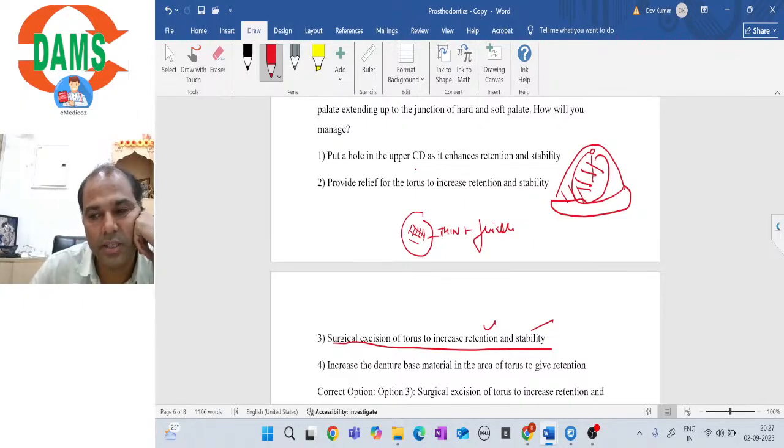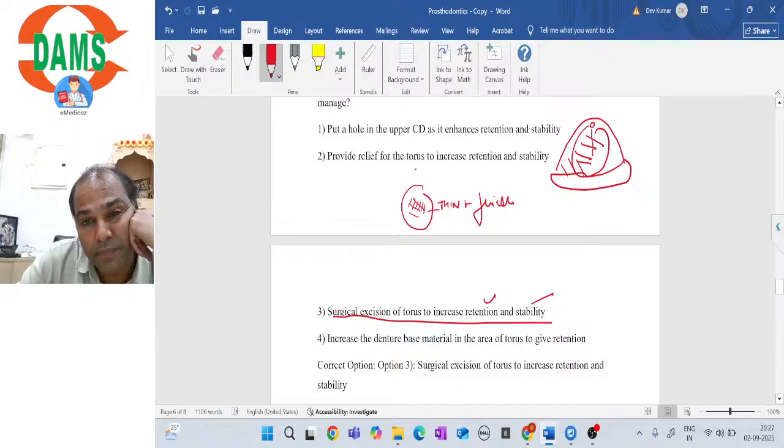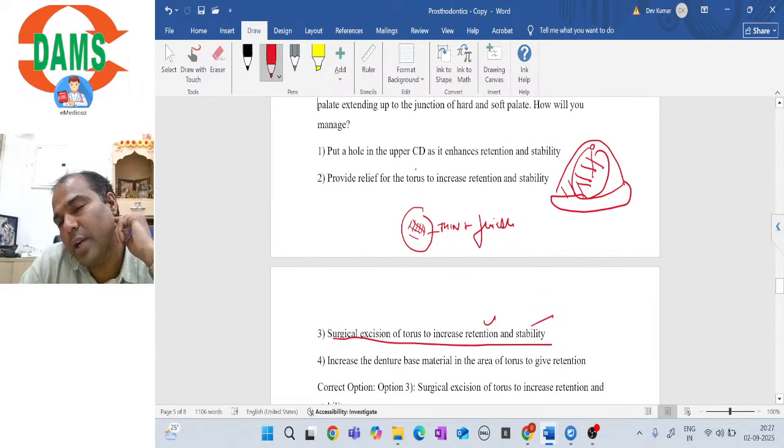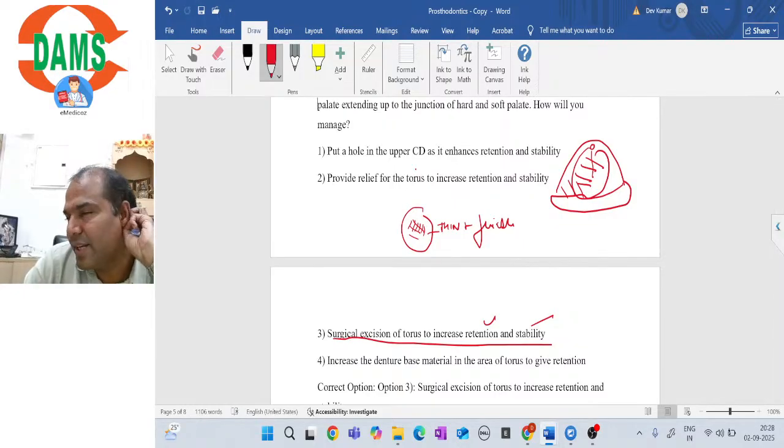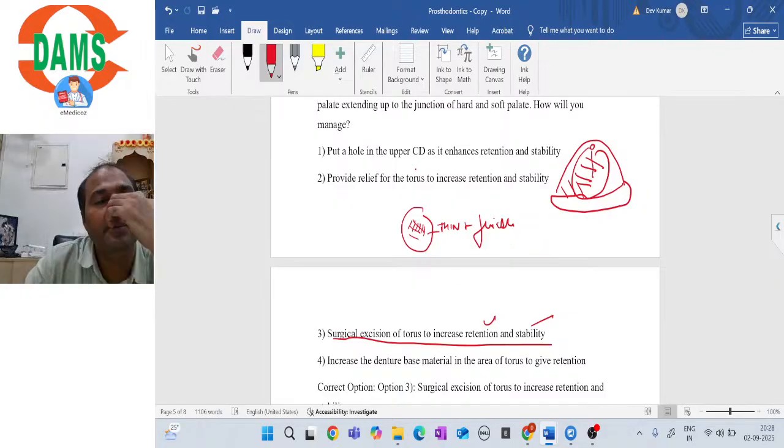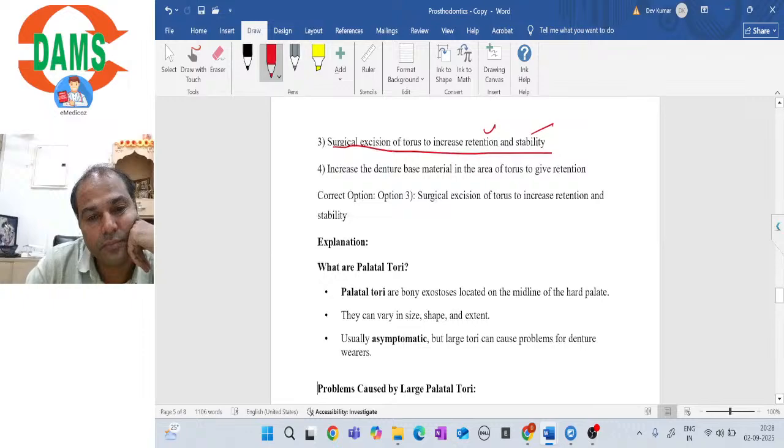So best in RPD, CD, best first option is to remove it, and especially a tori like this. Okay, so you have to be careful when you are removing the tori, because it is also known as exostosis. Okay, maxillary exostosis or torus palatinus, right? So the best answer is surgical excision.